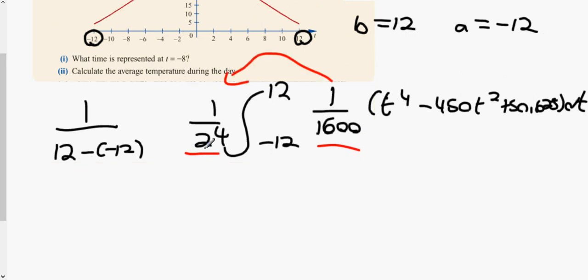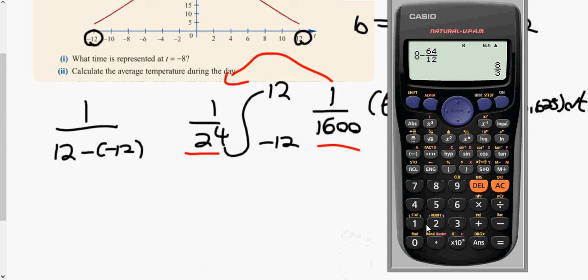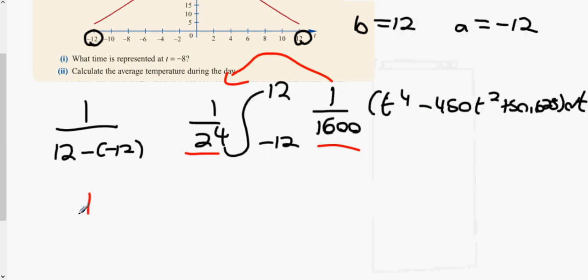I just want to get that out of the integration part. And what we get there is 1 over 38,400, the integral of 12 to minus 12, t to the 4 minus 450 t squared plus 50,625 dt.